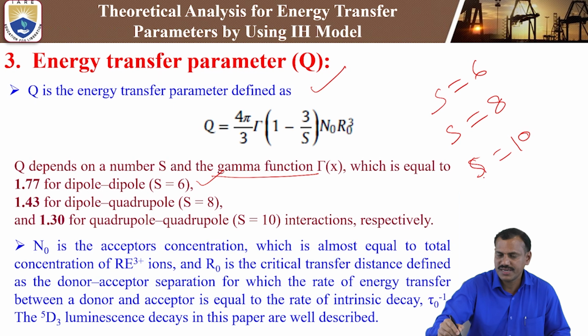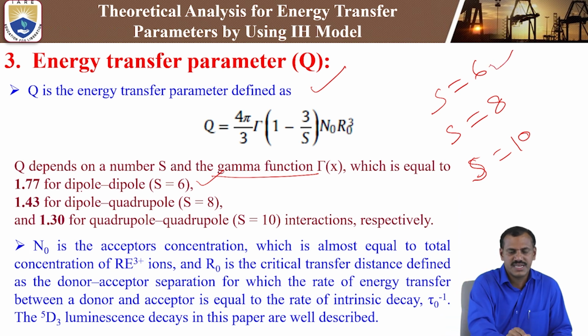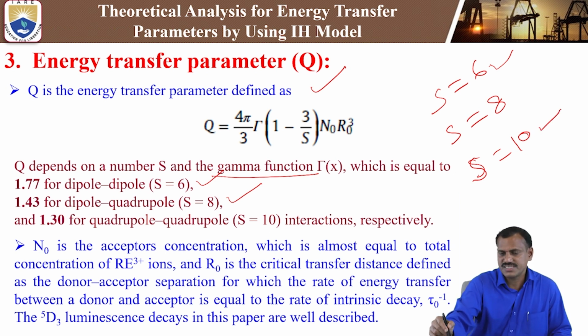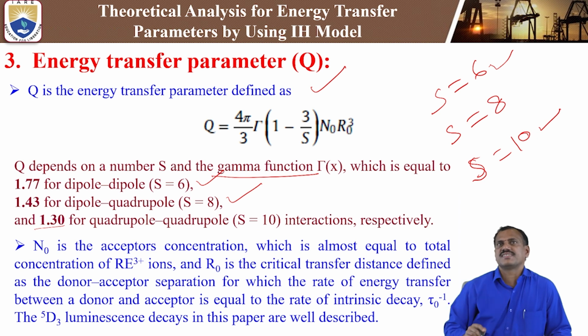These are the three important energy transfer cases. If the equation is well fitted with S equal to 6, it shows dipole-dipole nature, with a gamma value of 1.77. If it is well fitted with S equal to 8, the value will be 1.43, which shows dipole-quadrupole nature. If it is well fitted with S equal to 10, the value is 1.30, which corresponds to quadrupole-quadrupole interaction.